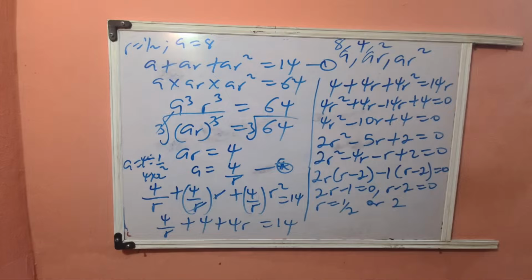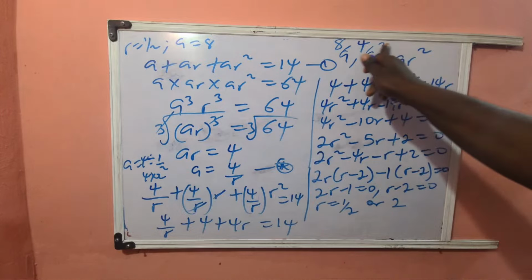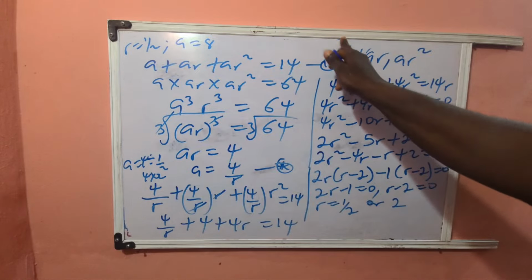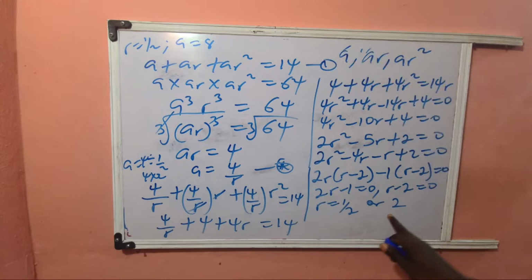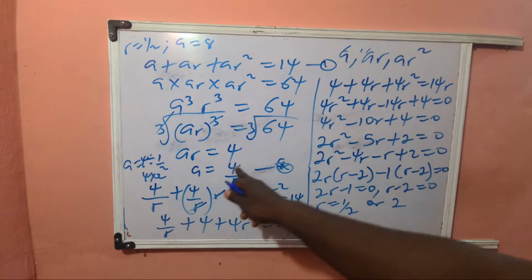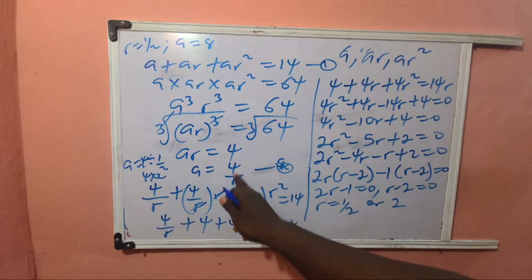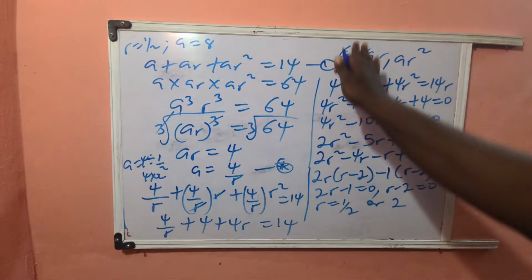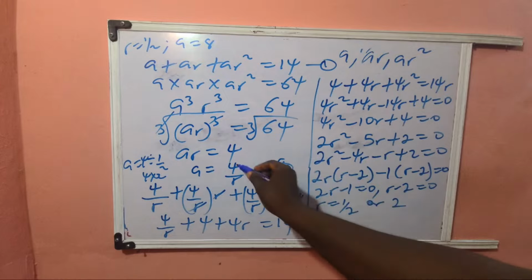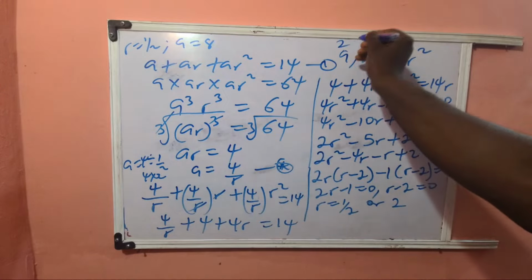Now, but this is the thing. If you decide to use r as 2, it's just the reverse that will happen. If you decide to use r as 2, you'll be having your A to be 2, because don't forget, your A is 4 over r. So if r was 2, your first term will be 4 over 2. That will be 2.